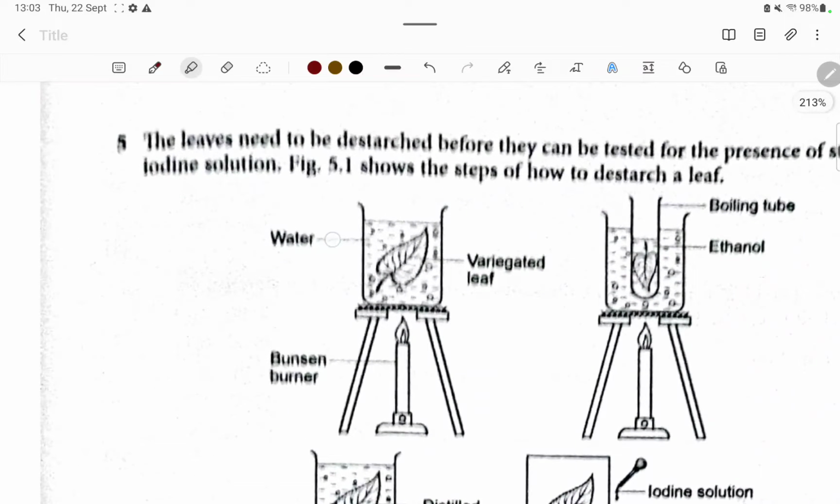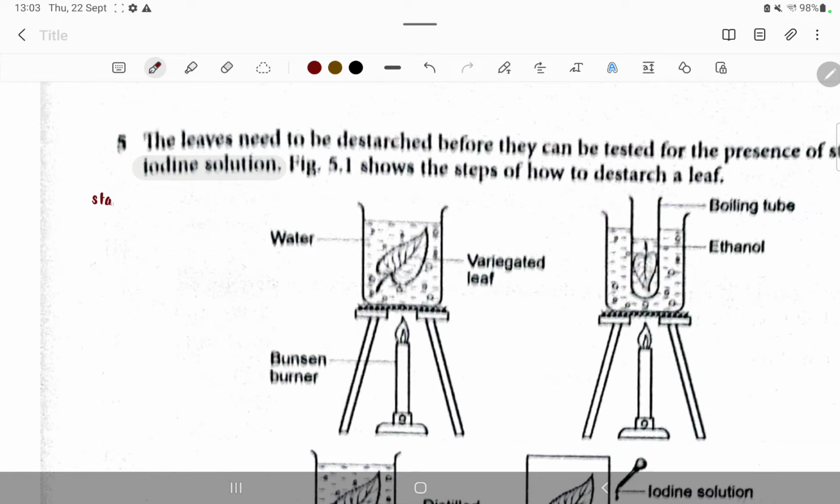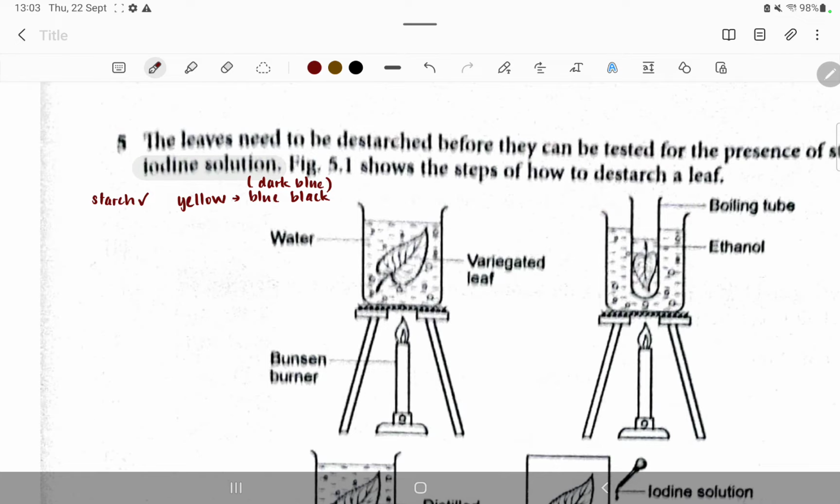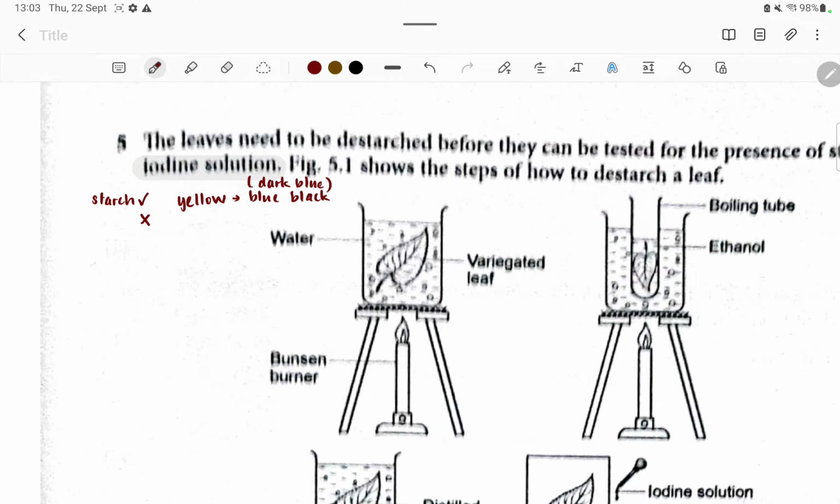So, iodine solution: if starch is present, the color will go from yellow to blue-black, or you can say dark blue. If starch is not present, the yellow color will remain unchanged.